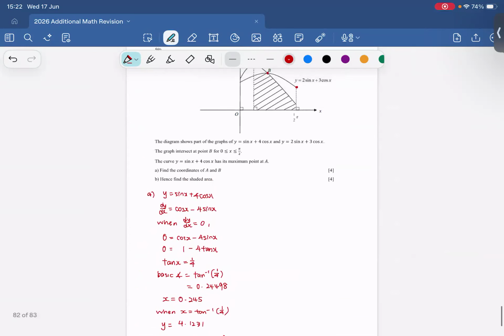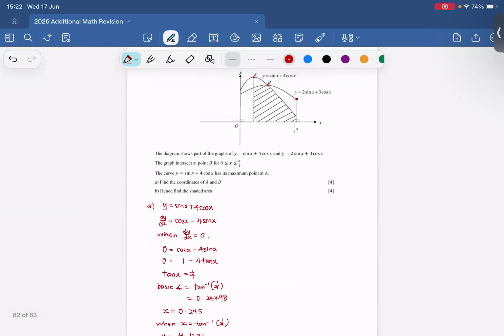Okay, how to find the coordinate of B? The B is just the intersection of these two graphs. So we label this equation 1, this equation 2. Then we solve them simultaneously because that's the point of intersection.